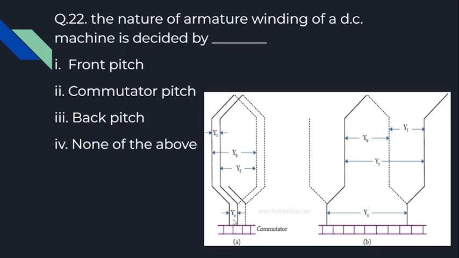The commutator pitch for simplex lap winding is 1, whereas the commutator pitch for wave winding is going to be more than that. So if the commutator pitch is more than 1, then it can be considered a wave winding. So by just looking at the commutator pitch, we can decide whether it is a wave winding or a lap winding. So the option for this question is 2, that is commutator pitch.